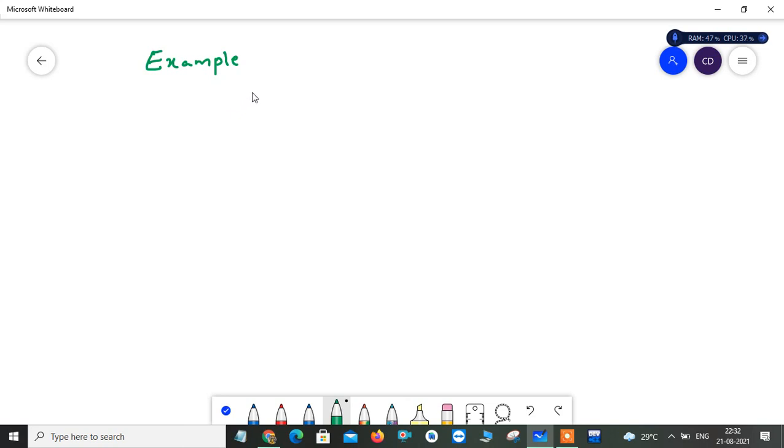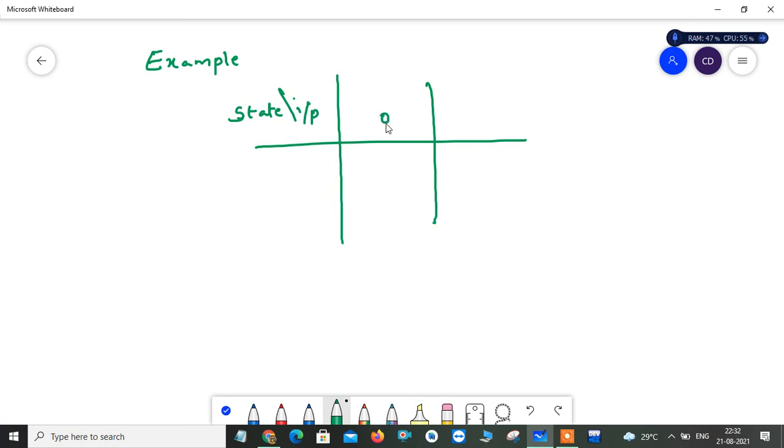Suppose the transition table is given to you, consisting of the states and the input symbols. Here you have the input symbols 0 and 1, and here you have the states Q0, Q1, Q2 and Q3. So this is your transition table.